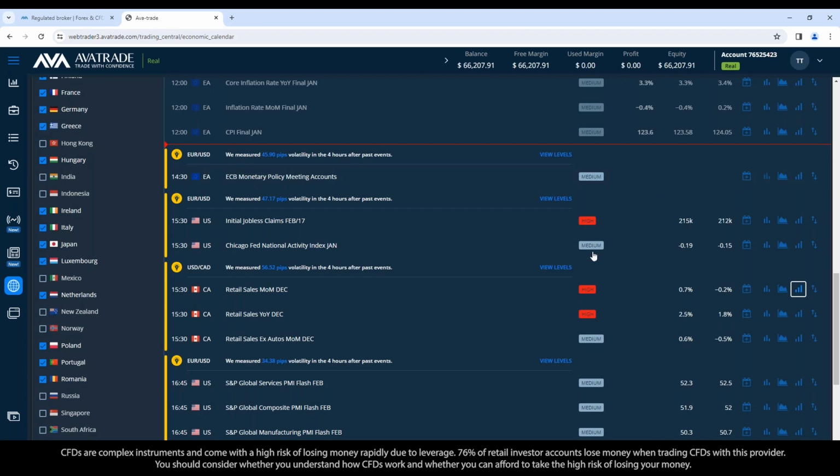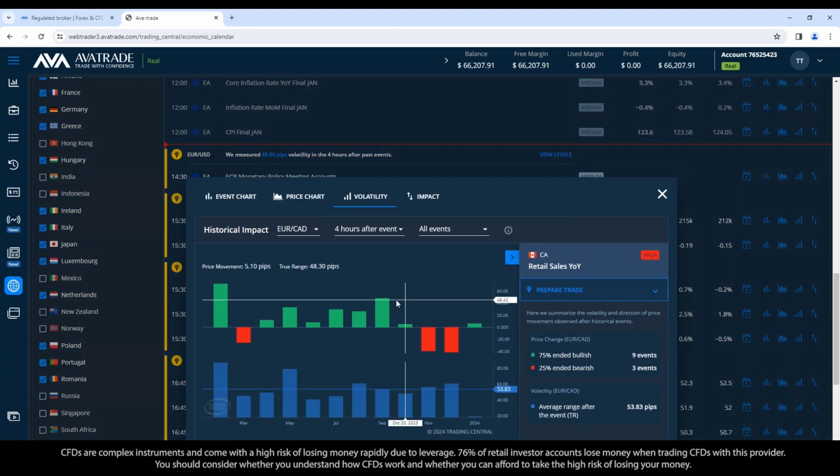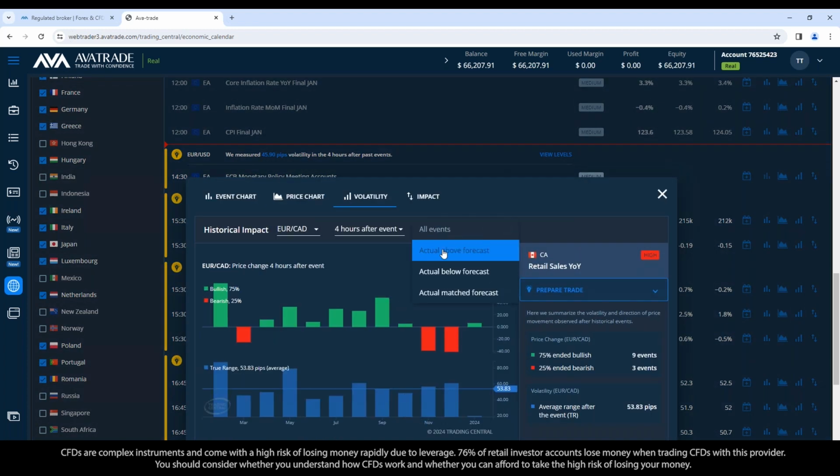And if the data speaks to you at all and makes you feel like that's something you'd want to act on, then you can plan to trade based on those numbers coming in. And you can compare. Maybe the month over month is less significant than the year over year. We can look at the year over year retail sales, and maybe the statistics make more sense in your mind. So if this comes in above forecast, again, it's 67% of the time.